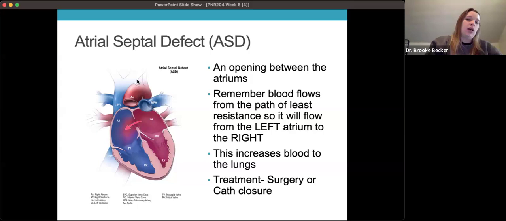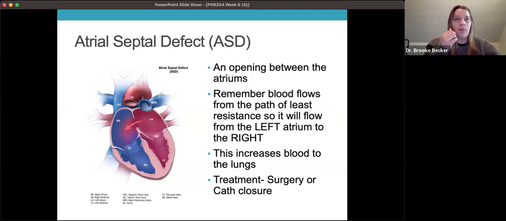So your blood's going to come in from your SVC, your superior vena cava, into your right atria, through your tricuspid valve, to your right ventricle, out to the lungs, okay, and then back in to the left atria, through your mitral valve, through your left ventricle, and then out to the body through your aorta.